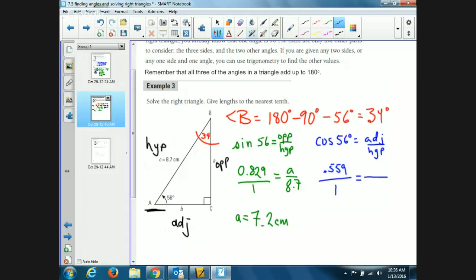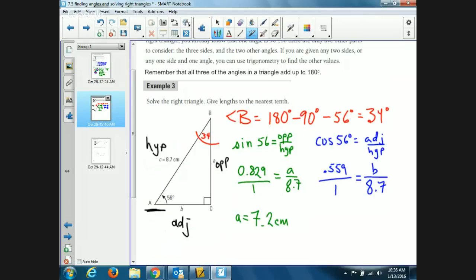In this particular case, on our triangle, what do we put down for the hypotenuse? 8.7 is the hypotenuse. What do we put for ADJ? B. The letter. Best to our knowledge, all we have is B.